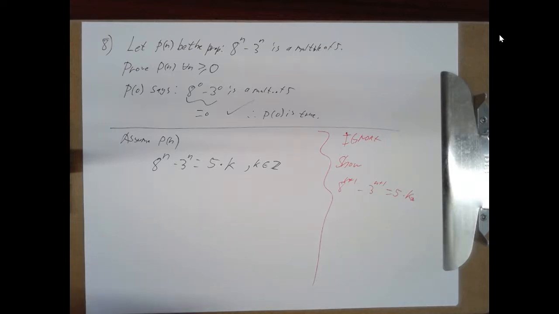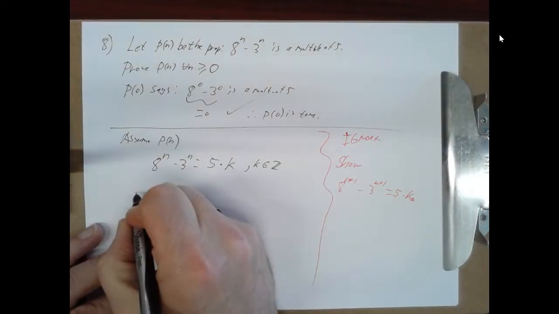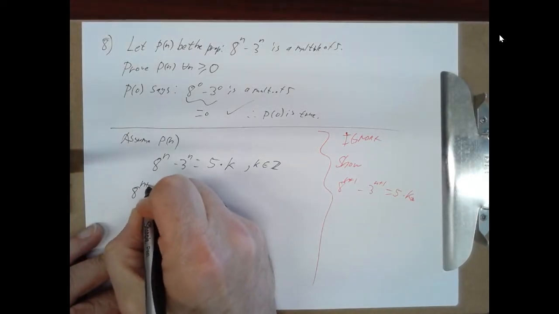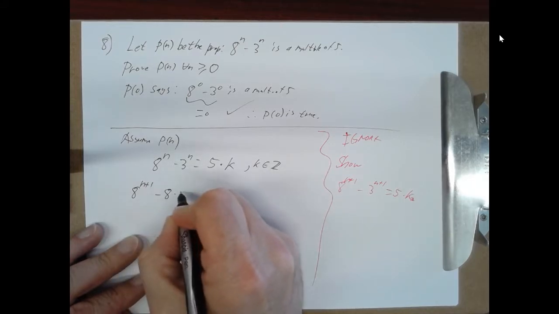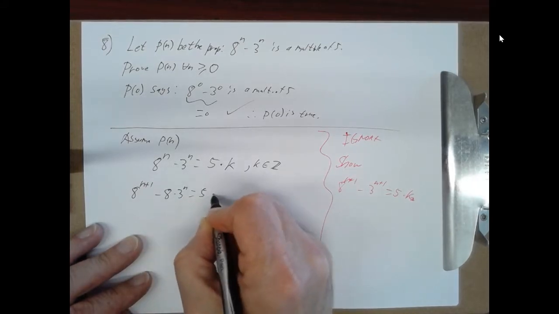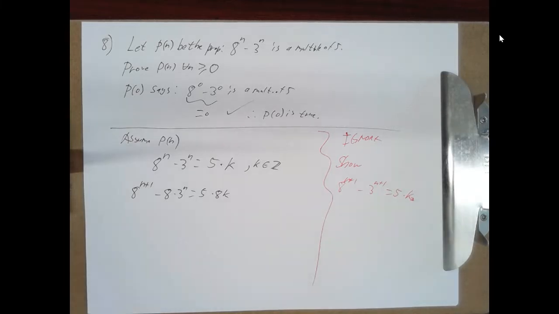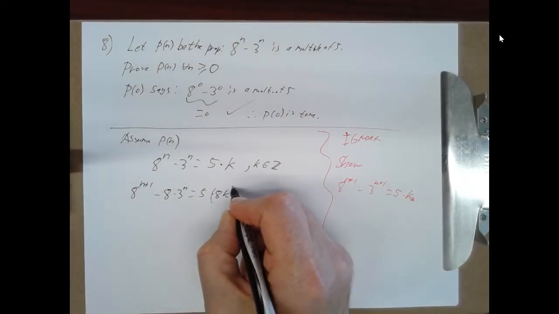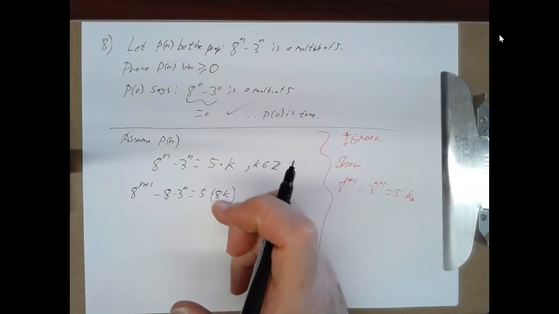Well, if we multiply both sides by 8, right, a to the n becomes a to the n plus 1, 3 to the n becomes 8 times 3 to the n, and 5k becomes 5 times 8k. And I'm being a little deliberate in how I'm arranging these things. So this is still a multiple of 5.